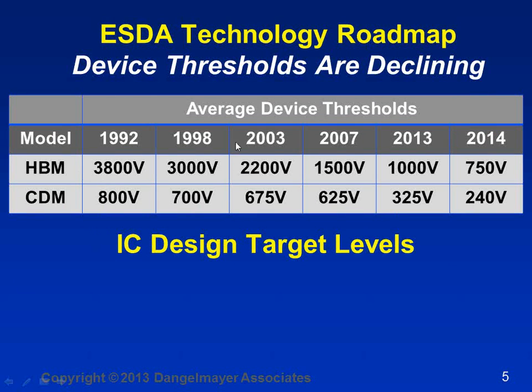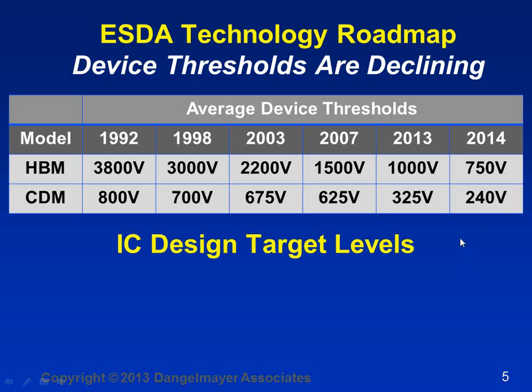And you can see as we look from 1992 onward, the HBM sensitivities are falling. CDM sensitivities are also falling right down into the class 0 region. So the trend toward class 0 is here. It's escalating as we talk.